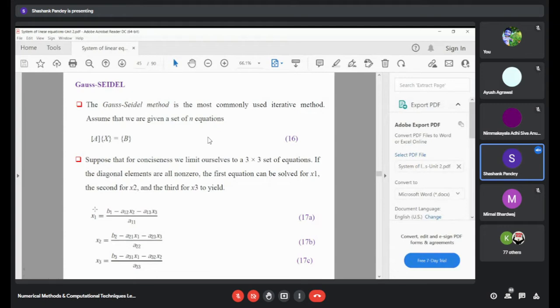This value of x1 we computed from equation 17a, and the value of x2 from equation 17b. We will substitute them in equation 17c and calculate the value of x3.